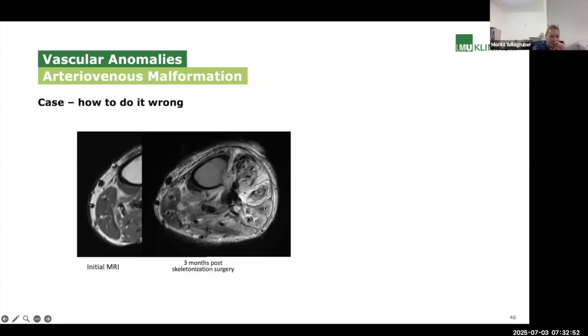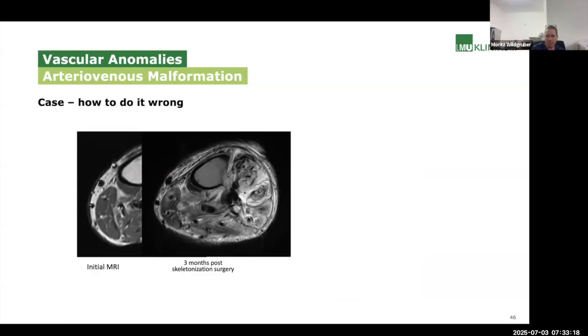This is a sad case of a young guy. I always show this to warn the surgeons. If you do direct surgery on the AVM, you can even set a proliferative shot to the AVM. That means if you cut some vessels, the AVM, like a tumor, realizes it's not getting enough oxygen and it starts to proliferate.